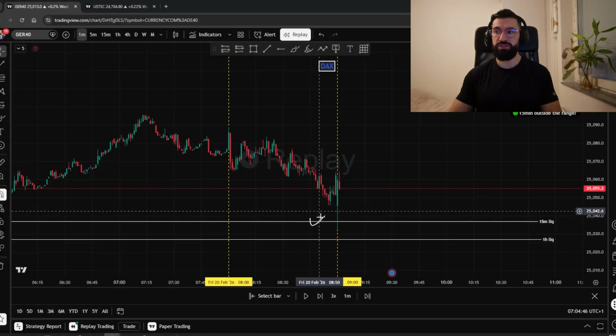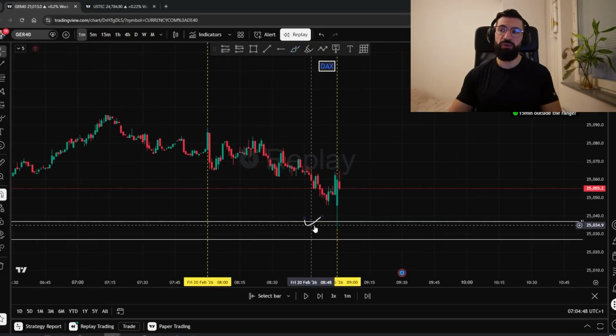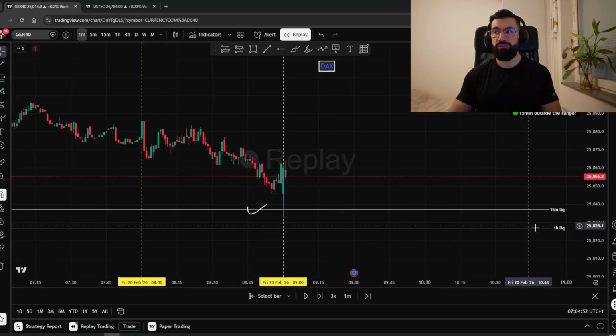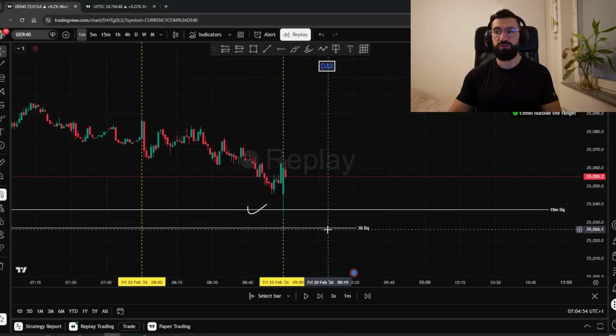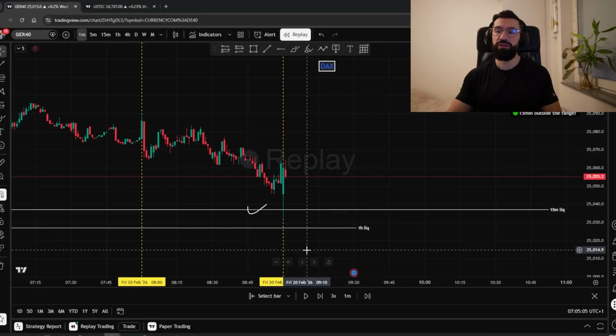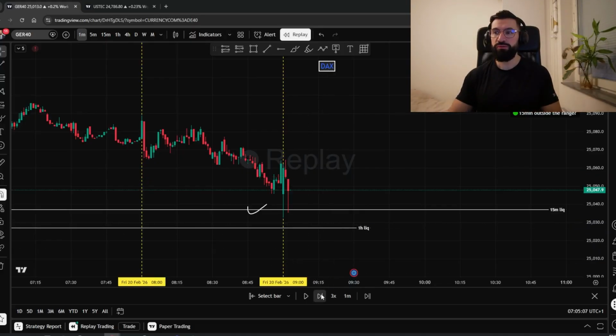So because it swept this liquidity, I'm focused on taking a reaction from this. Mind you, this is a 1 hour break of structure here, 1 hour liquidity on the downside, because it's higher time frame, there's a probability that it can go down and take out the higher time frame liquidity before making its move. So I'm waiting for it to give me a reaction.